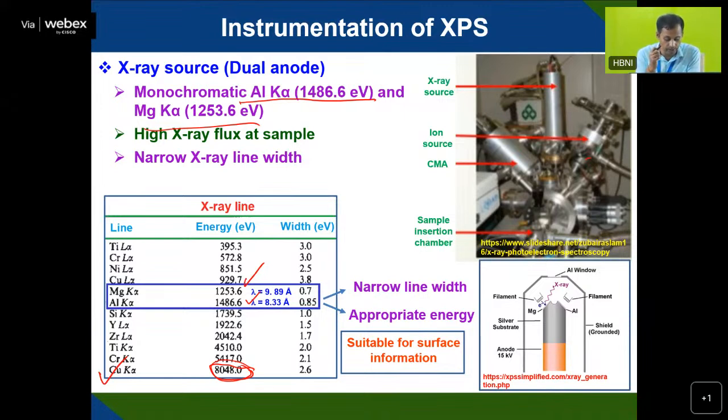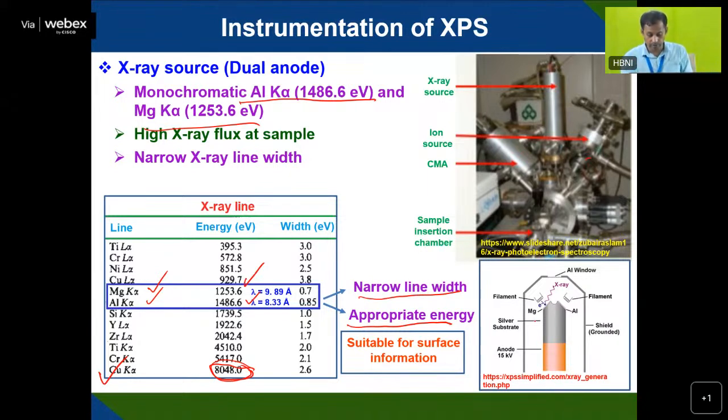So the narrow line width, because XPS has to absorb X-ray inside that material to produce the photoelectron, and appropriate energy state force these two, magnesium and aluminum, to be the anode in case of XPS. So it's suitable for all other elements.